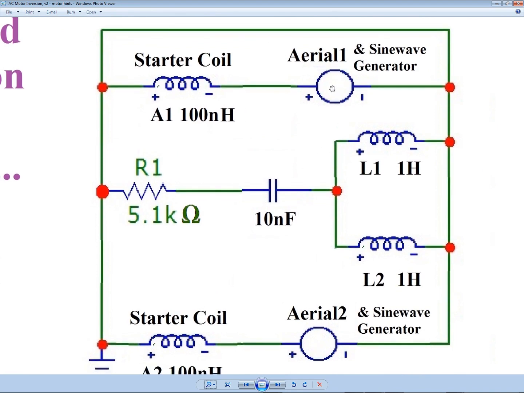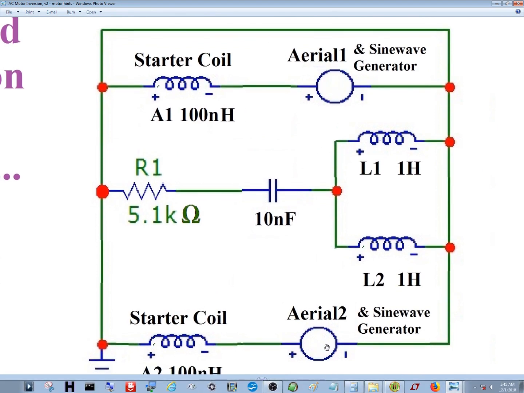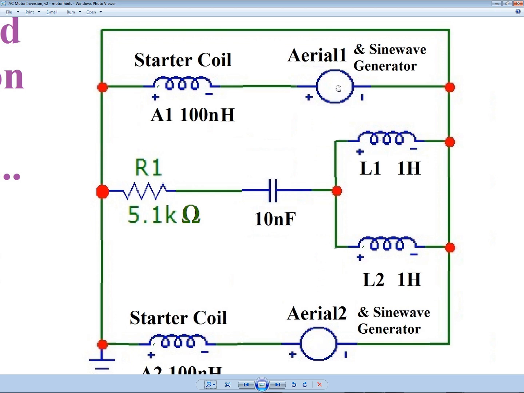You need the small voltage sources, 2 of them, independent of each other, feeding 2 sine wave generators, putting out 1 megahertz, 2.6 volts. Then you need your 2 starter coils, you need your bifilar main coil, you need a small capacitor, and you need a regulating resistor, and then you need a common ground, and that's it.